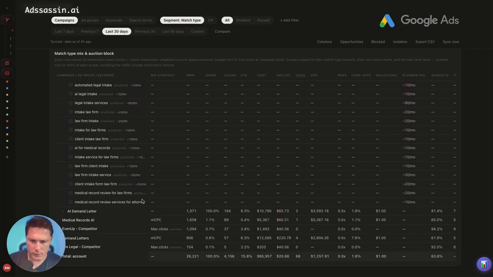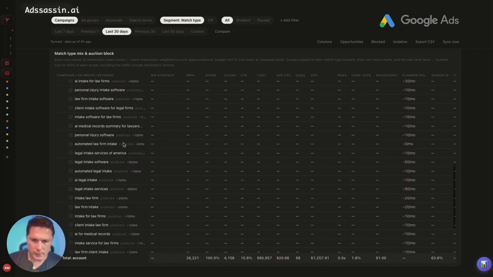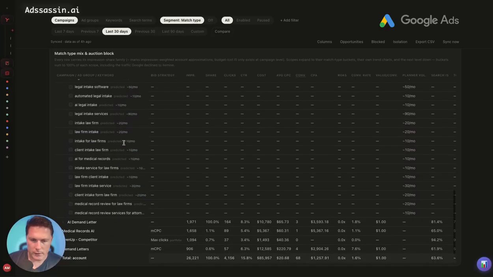which has been pretty cool. So you can see here that all of these are effectively other possible search terms that could be showing up. And right here is the actual volume, which is coming from Keyword Planner.